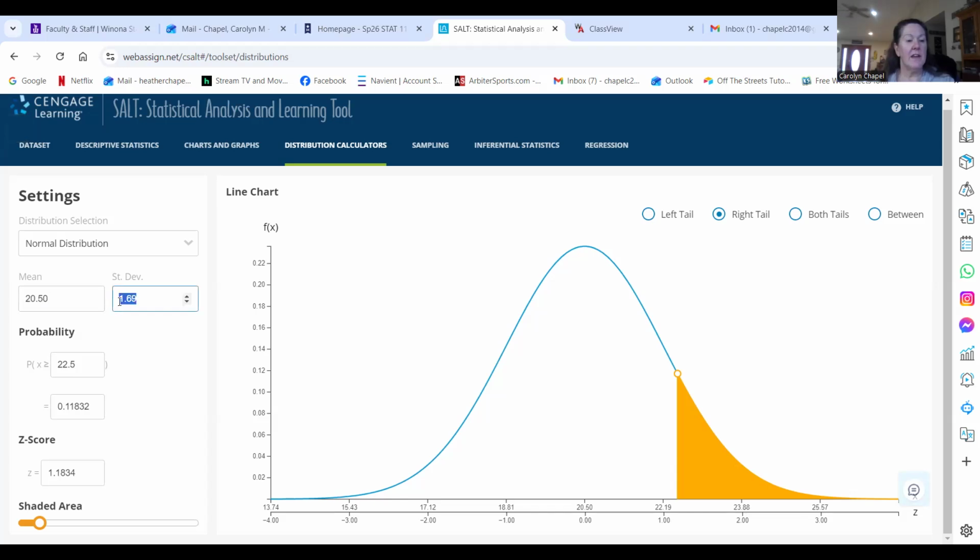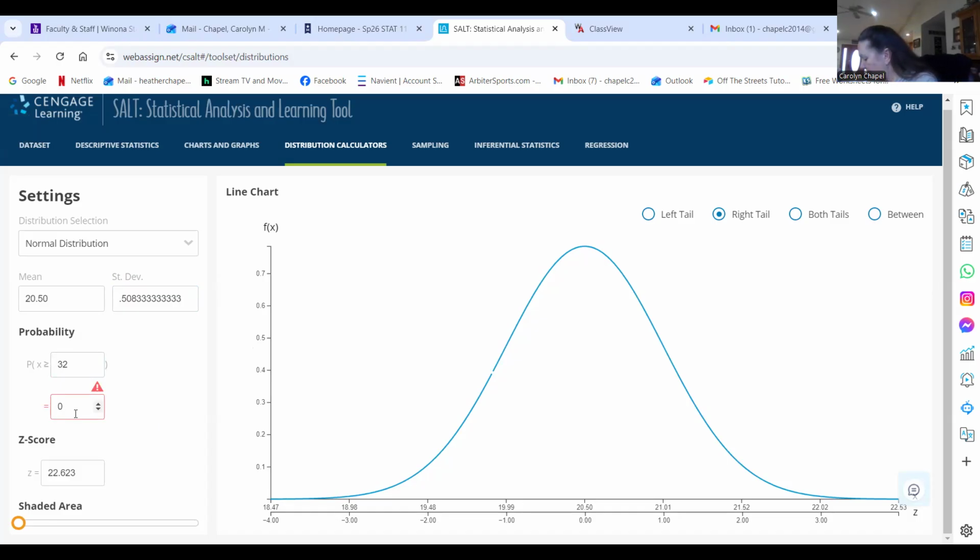My standard deviation for the X bar is 0.508 and a bunch of 3s, so I'll put in some 3s. And I want to go bigger than 32. It tells me it's very, very unlikely to happen. Probability of roughly 0.